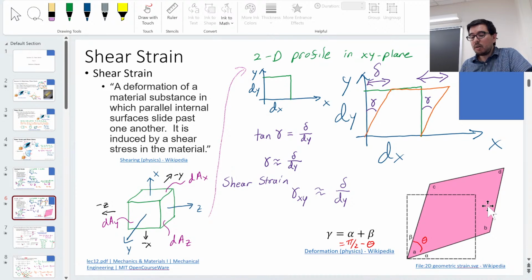And if all things are the same, then what we actually have here is a gamma over 2 and a gamma over 2 here, instead of just a gamma like you have here.